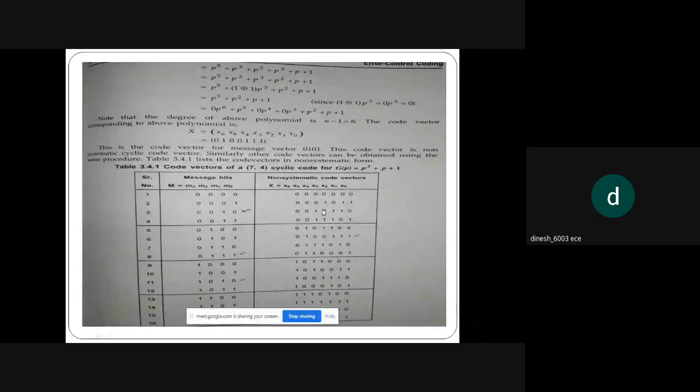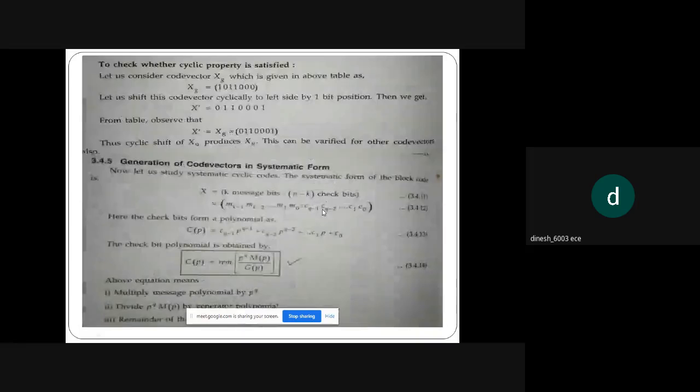So when we do cyclic shift, the code vector produced is also present as another code vector. Hence the cyclic shift property is satisfied. Similarly, you can check for the remaining non-systematic code vectors also.